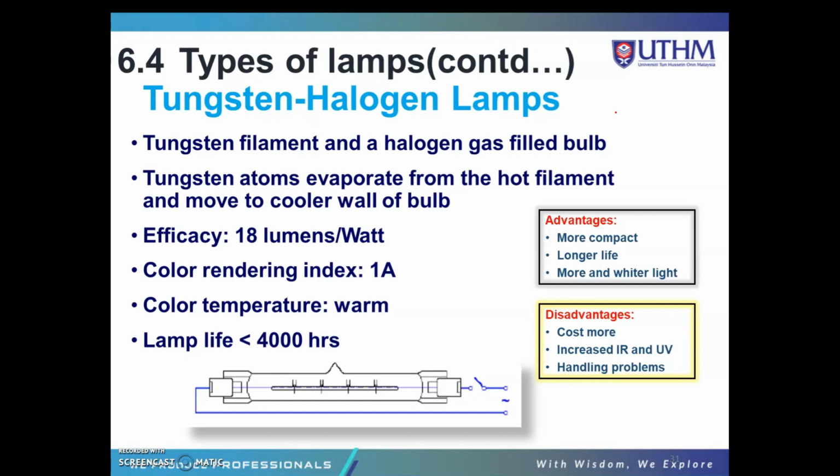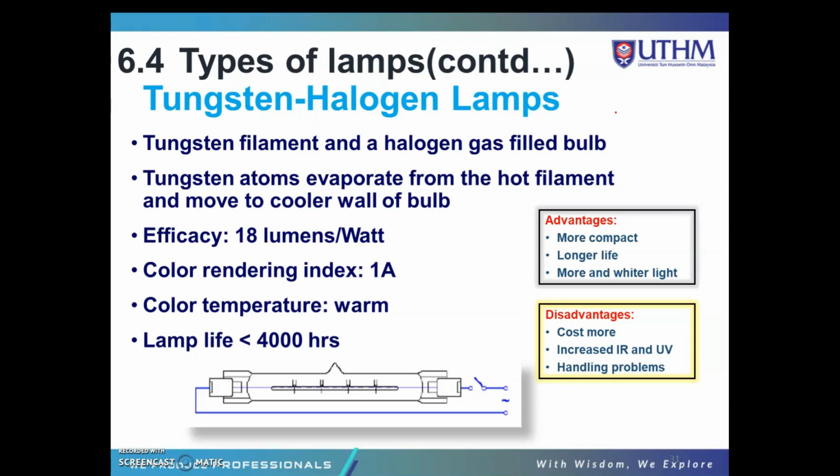In these lamps, the tungsten atoms will evaporate from the hot filament and move to the cooler wall of the bulb. So the efficacy is about 18 lumens per watt.